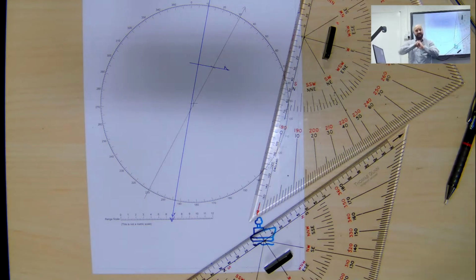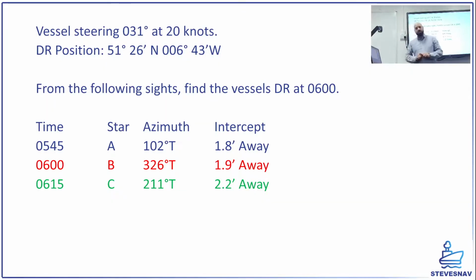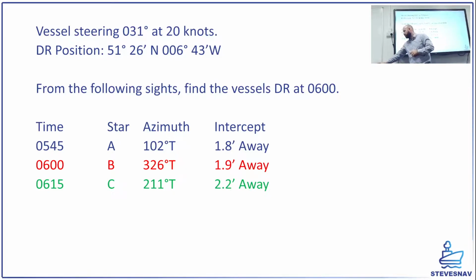Now we're going to forget that exists, forget we've done anything, go back to the question. Now we're going to do star C just to mix it up a bit, hopefully avoid any confusion. At 6:15 we took another site, but we still used that same DR position. Remember, the cross in the middle is the DR position, not the time. So the azimuth was 211, 2.2 away.